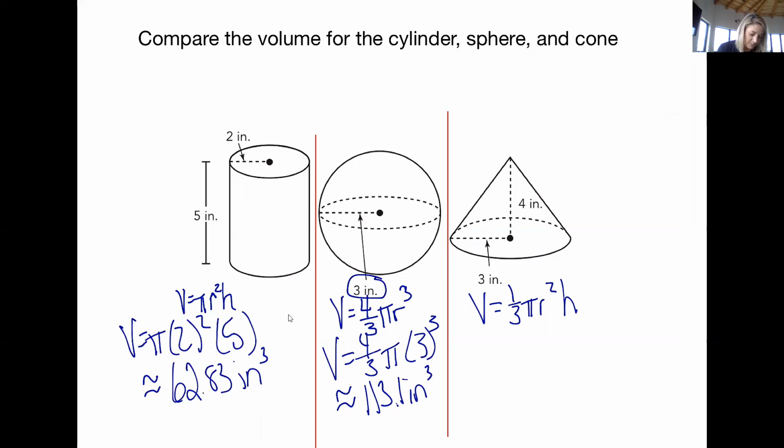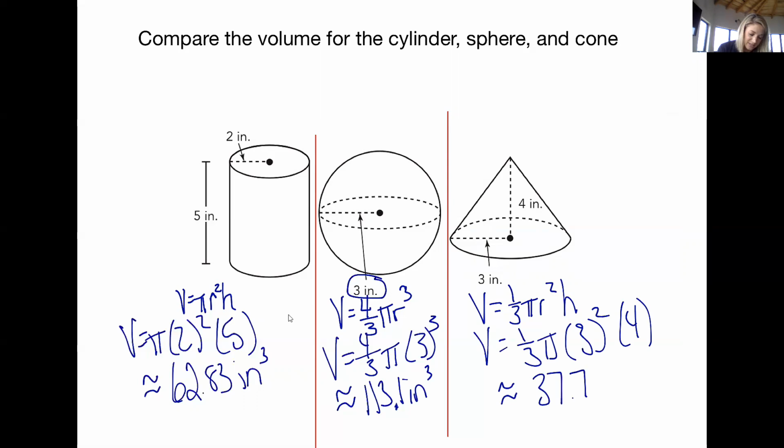And looking at that, that sphere is almost double that of that cylinder. So there's a lot of volume within that sphere. And then last but not least, volume equals 1/3 pi times 3 squared times the height, which is 4. And in this situation, that gives me approximately 37.7 inches cubed.